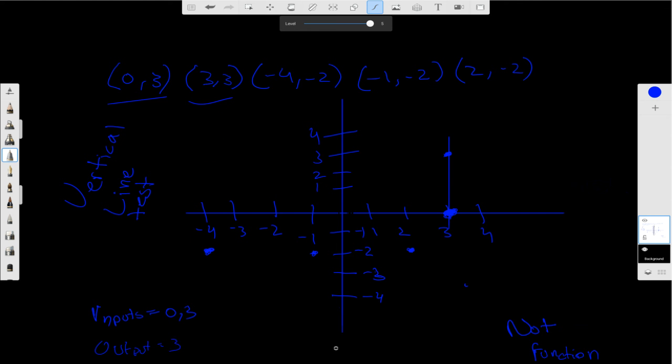And this is not possible. It's not a function. So you can look at it from the coordinates, and if you're not that good at that, then you can draw a graph and use the vertical line test. Basically you can check if your equation is right or if it's wrong.